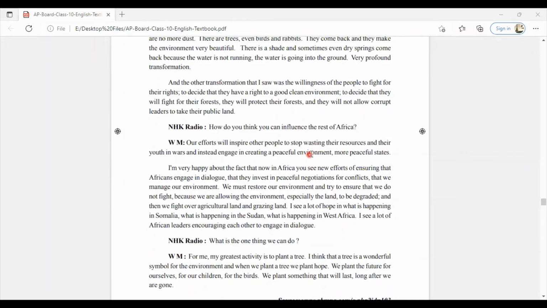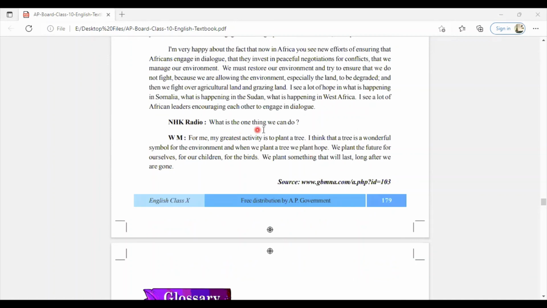So what is the one thing we can do? Finally she concluded that the greatest activity is to plant a tree. You have to plant a tree, that is the greatest activity.